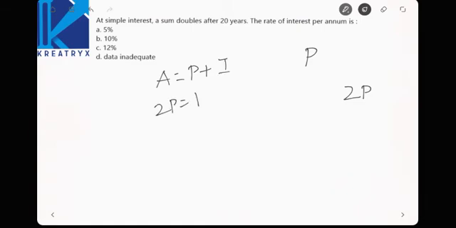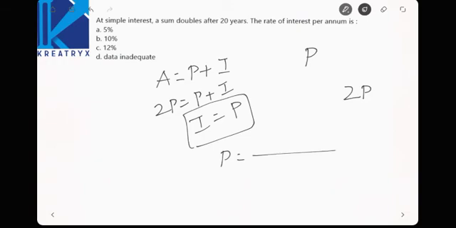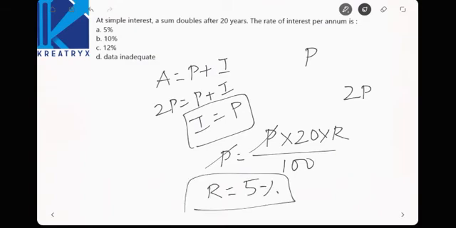Now see here, principal is P. Now interest will be how much? Interest will be P, right? You have to receive your principal amount as interest. Now in the place of interest, P is equal to PTR, principal is P, time period is 20, you have to find out R by 100. Now answer is nothing but how much? 5%.